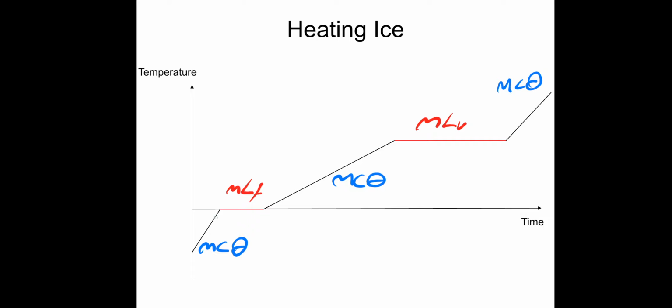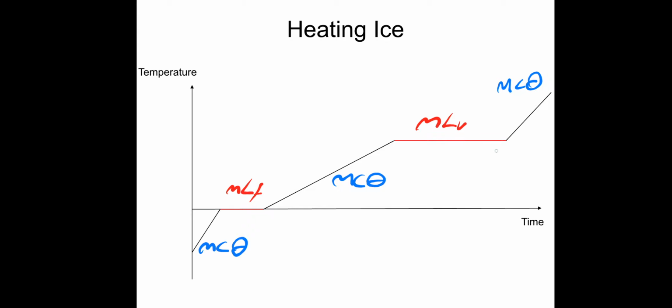As you can see, there's a visible difference between the length of time it takes for the mL_f compared to the mL_v. That's because the latent heat of fusion is less than the latent heat of vaporization. The latent heat of fusion is 336,000 for water, and for water turning into steam, the latent heat of vaporization is 2.25 megajoules per kilogram.